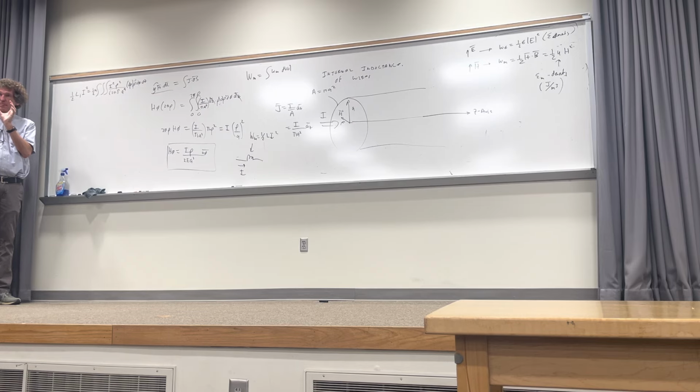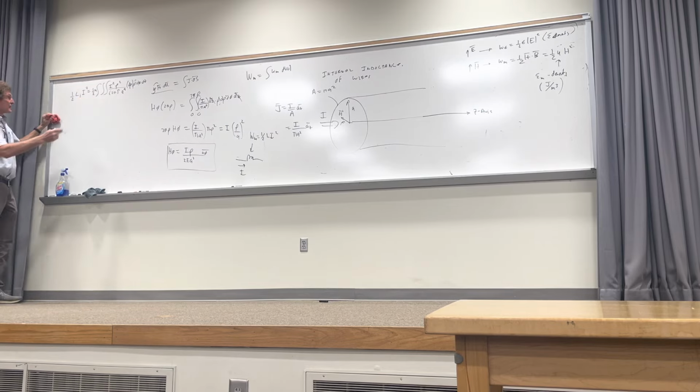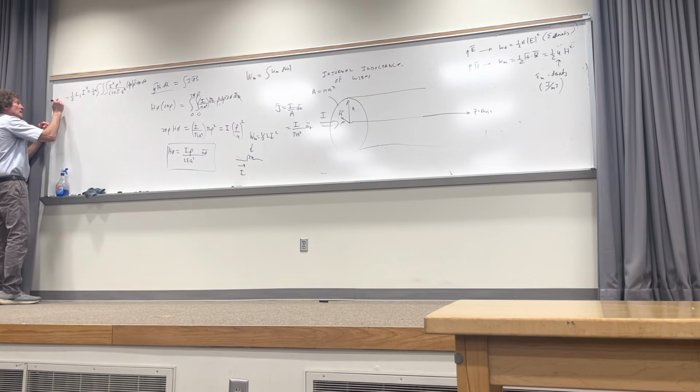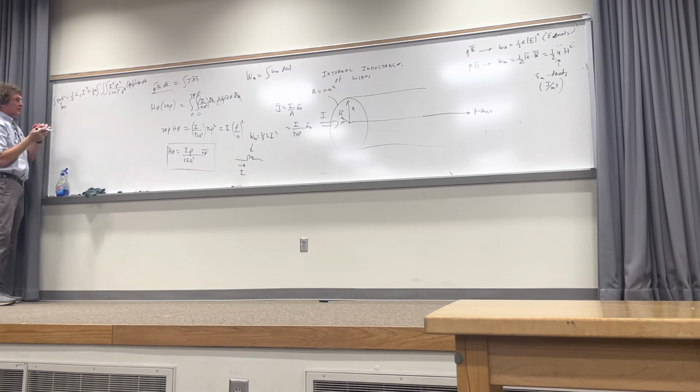Do you all agree with that? Please just make sure you see what I'm doing, the reasons for it. Okay. After this, I put in the H field, I did the job, right? This is basically the volumetric integral of 1/2 mu H squared over the volume. That's all that I've done.